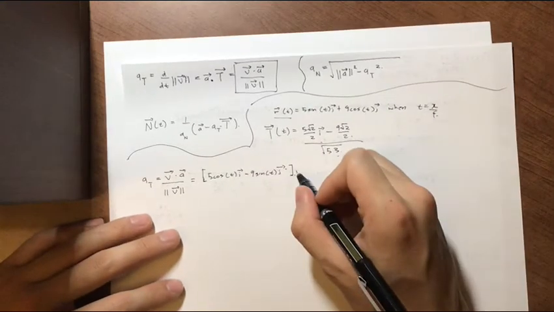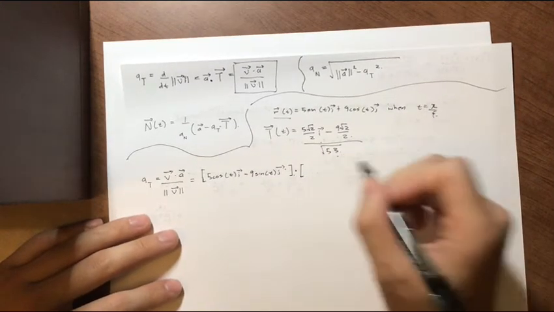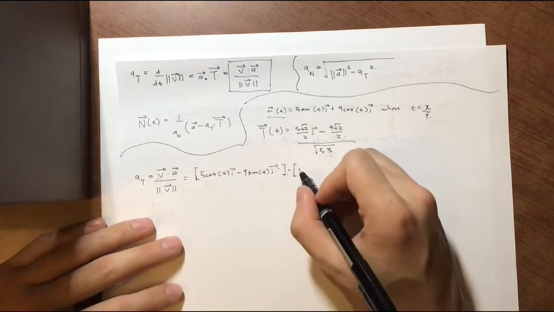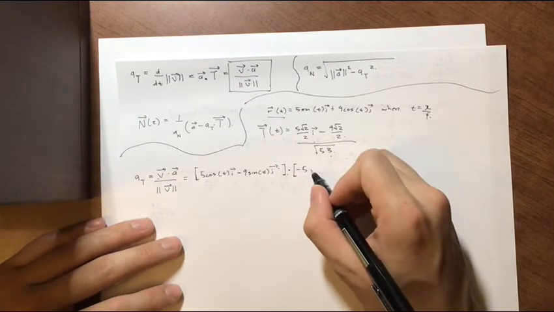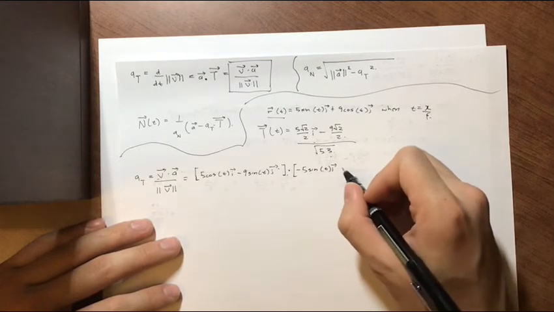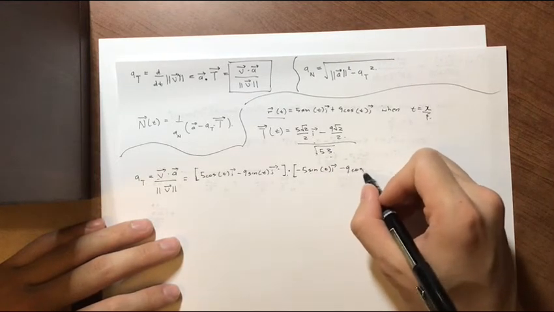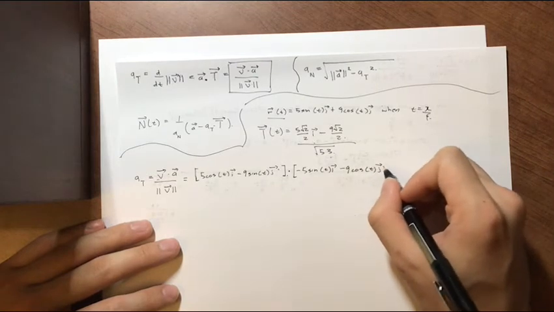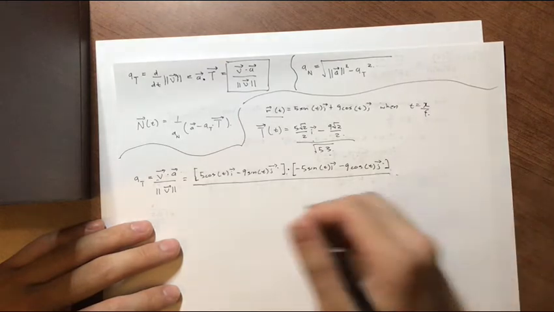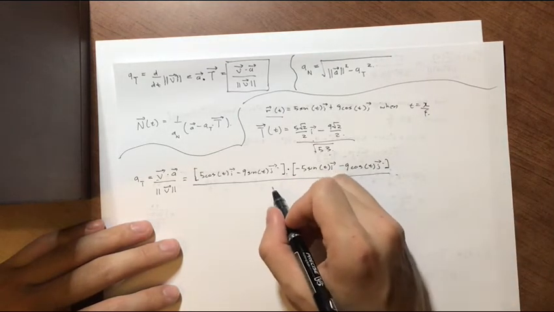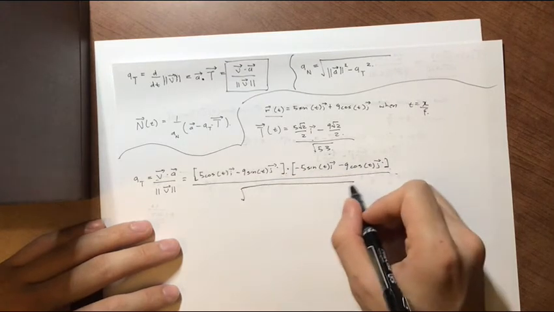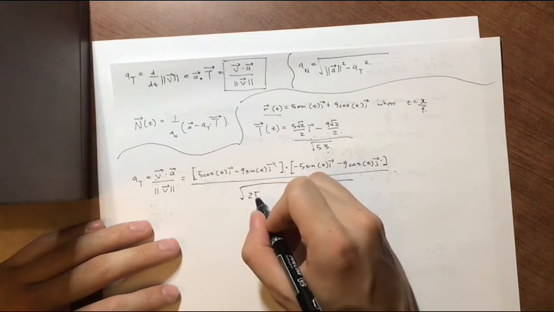And the acceleration vector is the derivative of the velocity vector, so we can write it like this: negative 5 times sine of t, i, minus 9 times the cosine of t, j. And we just need to take the magnitude of the velocity vector, which can be written like this.